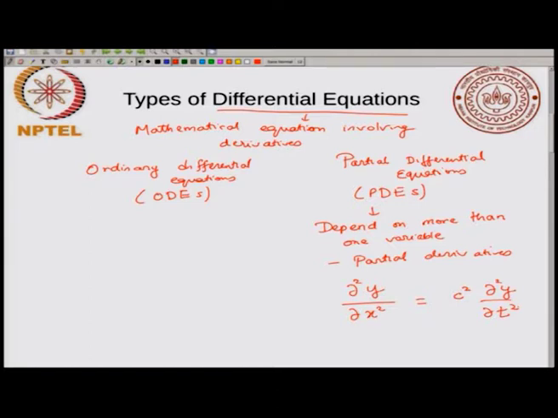Ordinary differential equations, in this case there is only one independent variable, and you only have ordinary derivatives. Okay, so, for example, you might have dy/dx is equal to, let us say, 3x² plus 2y. This is an ordinary differential equation.